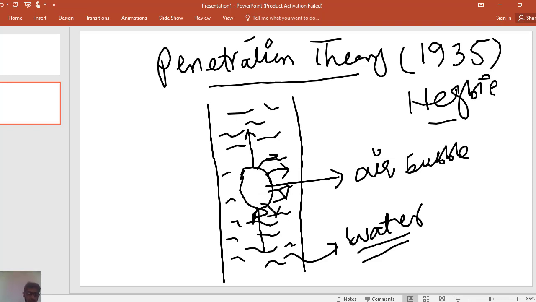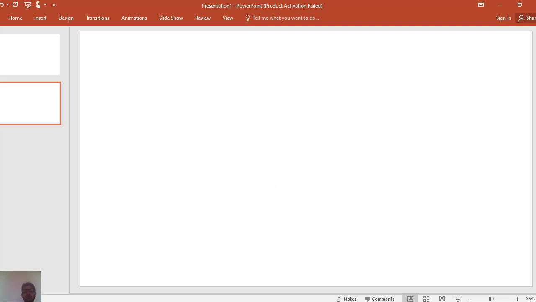Now, how is the oxygen absorbing into the water? This was first proposed by Higbie.